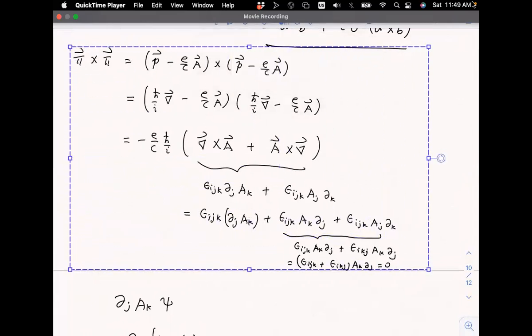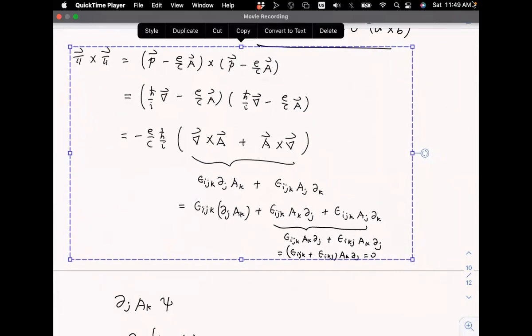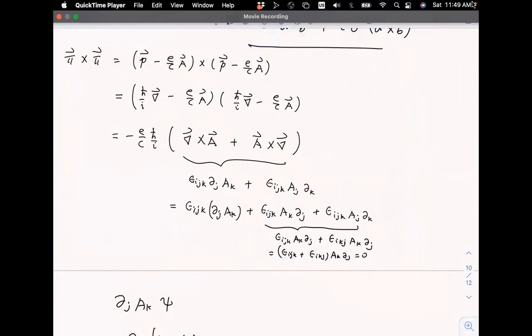Let me make it smaller. So that means this thing is equal to epsilon IJK. So what is this? This is just the curl of A, the I component.